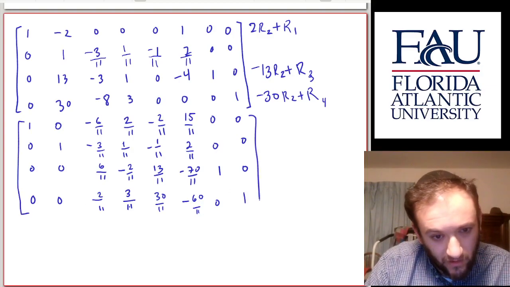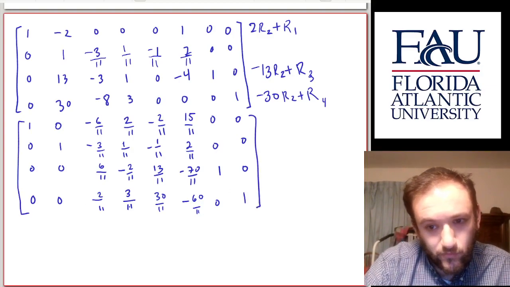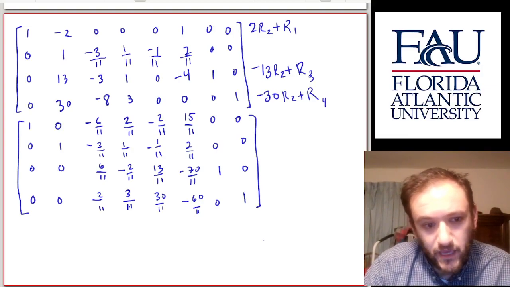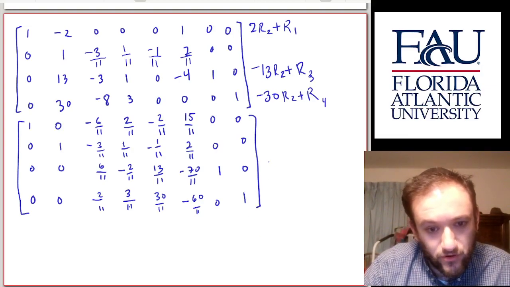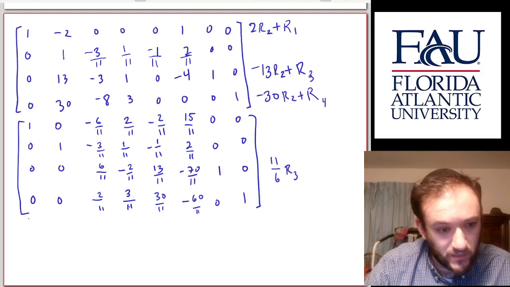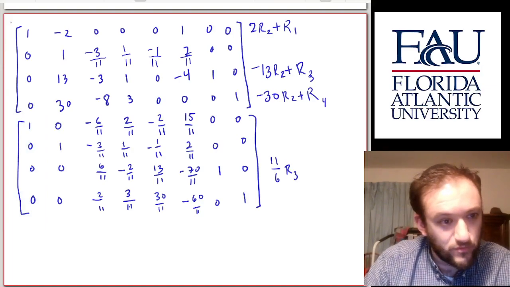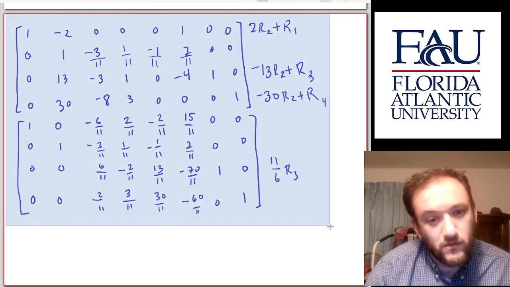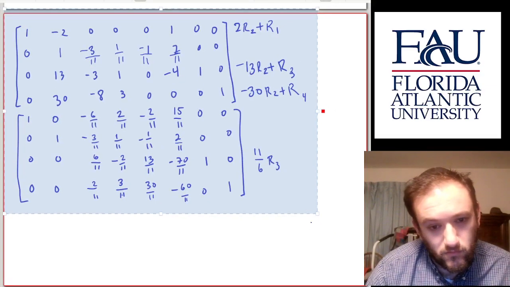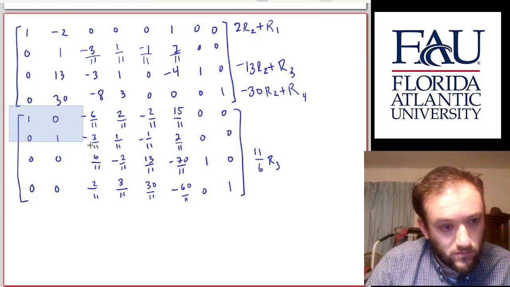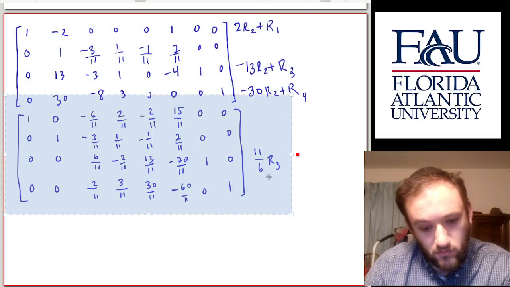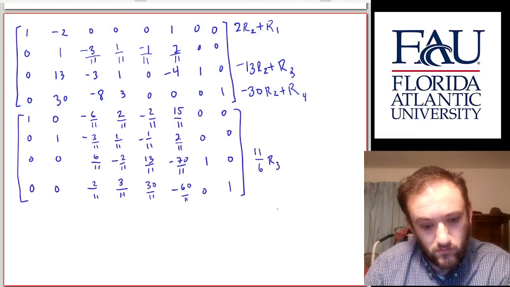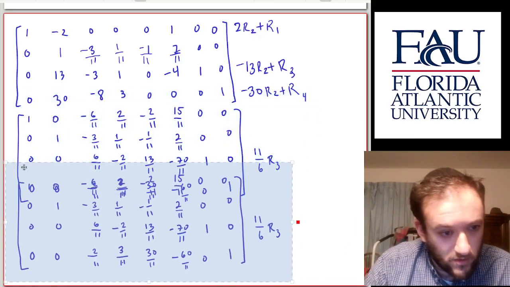Okay. And now we want a leading one in the third row, so we multiply by 11 over 6. And we get this same matrix. And you know what? Make a bit more room here. Okay.